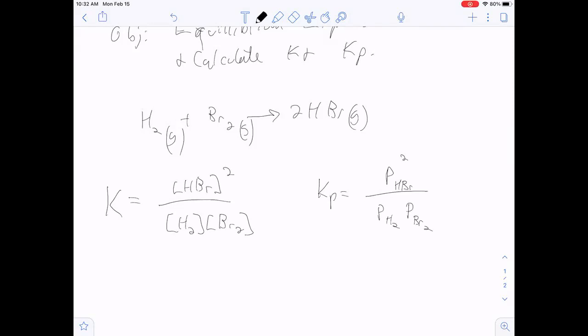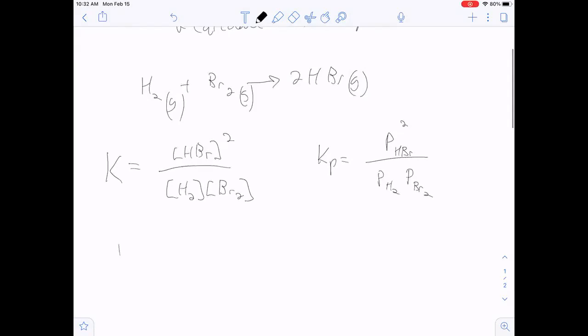Now, anything that you can do in algebra, you can do with a chemical equation. So suppose that the reaction was written like this.